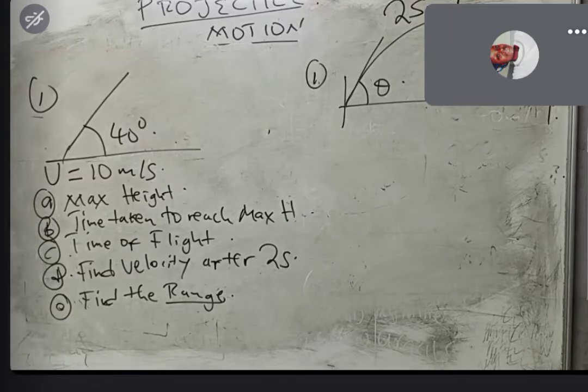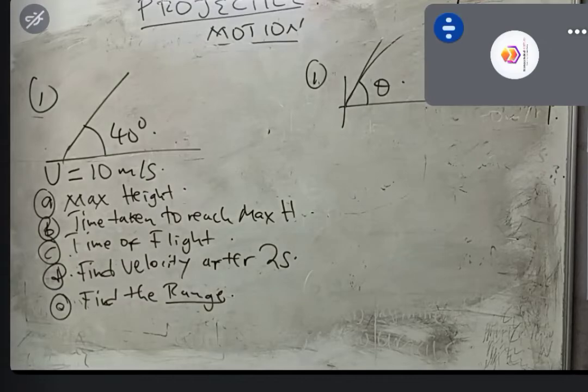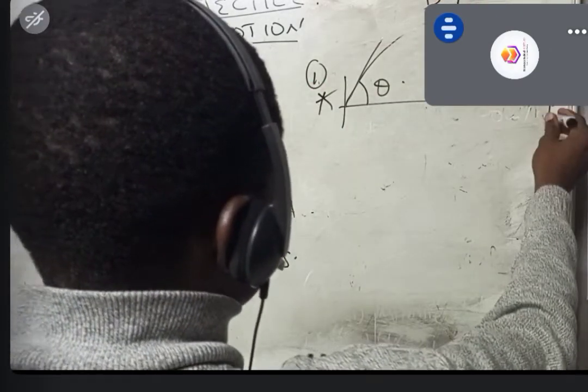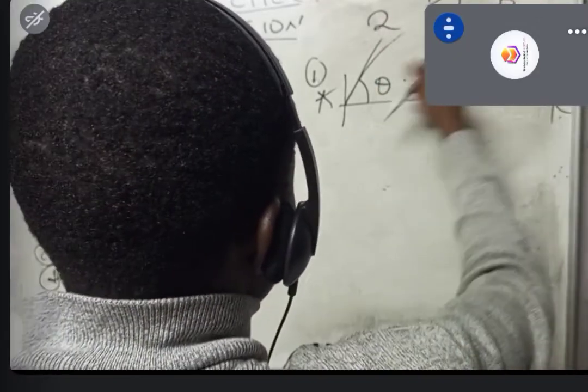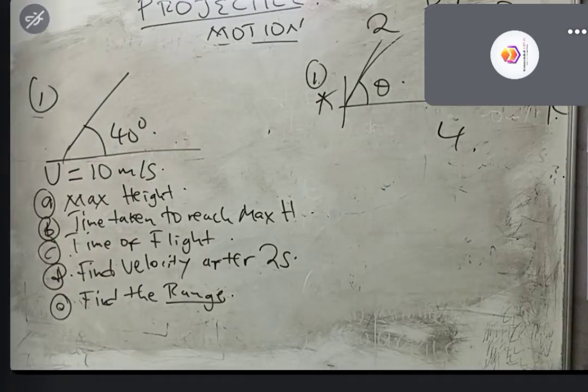Good. So it's double. The time from A to B will be twice the time from A to C. If here it's 2 seconds, there will be 2 seconds, meaning the total time is going to be 4. That's how it moves.